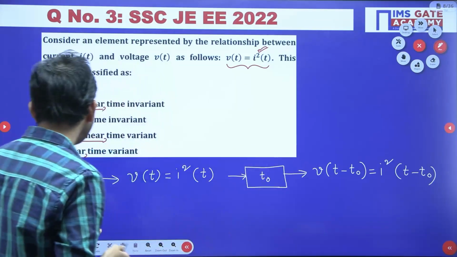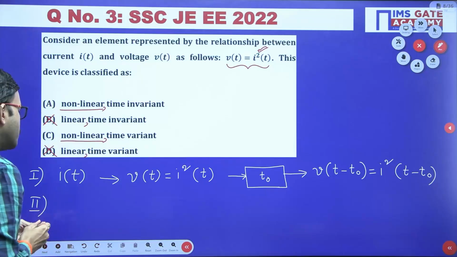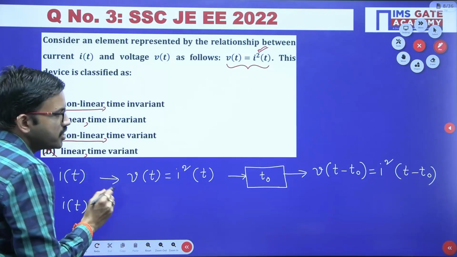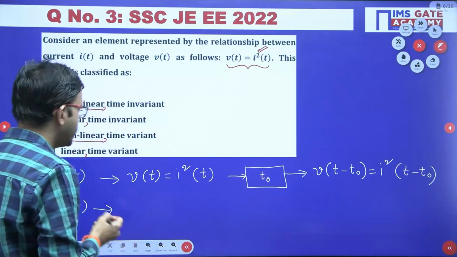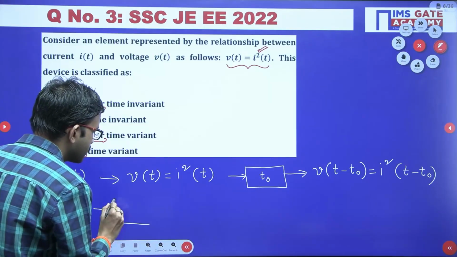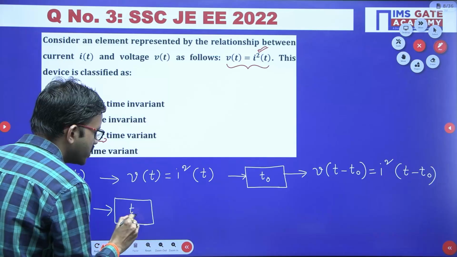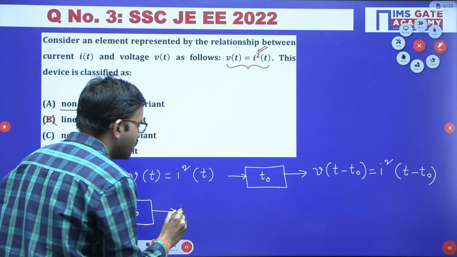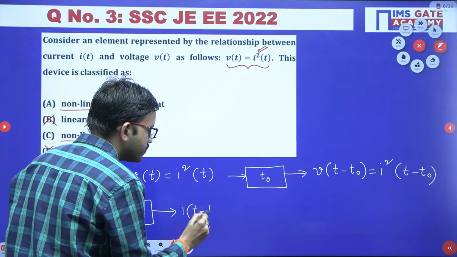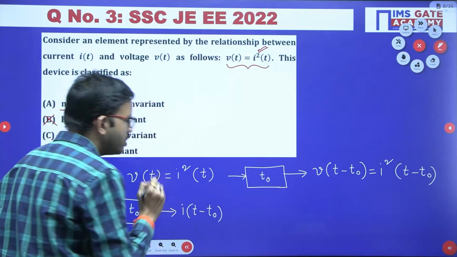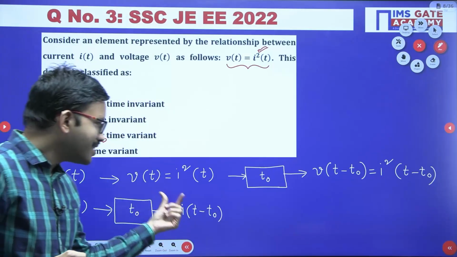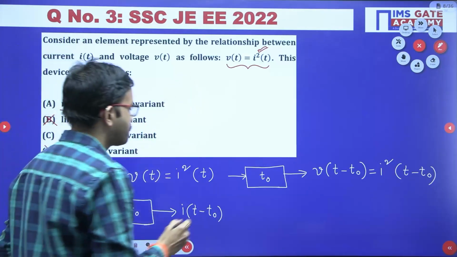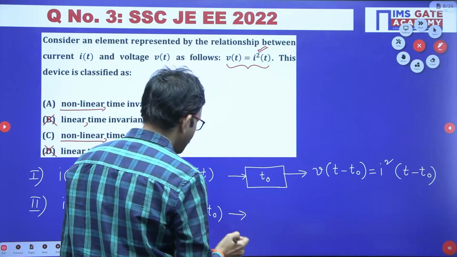In case 2, whatever input we initially have, I pass that input initially through a delay line which has a delay of t naught. In this case you get I of t minus t naught. Now this delayed version of the input, I give as input to the system.